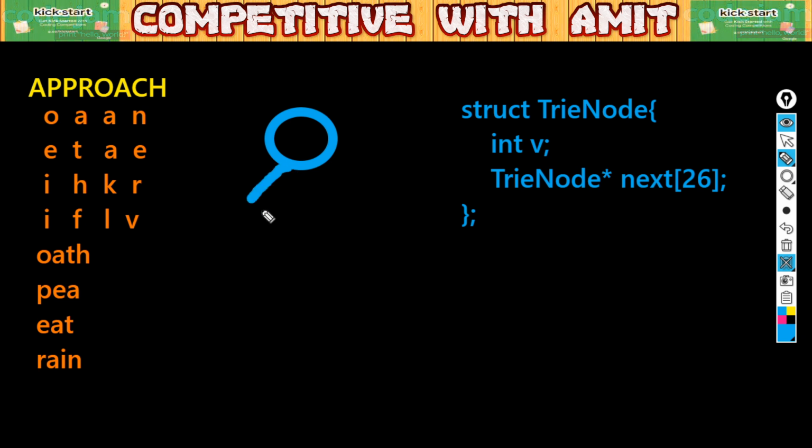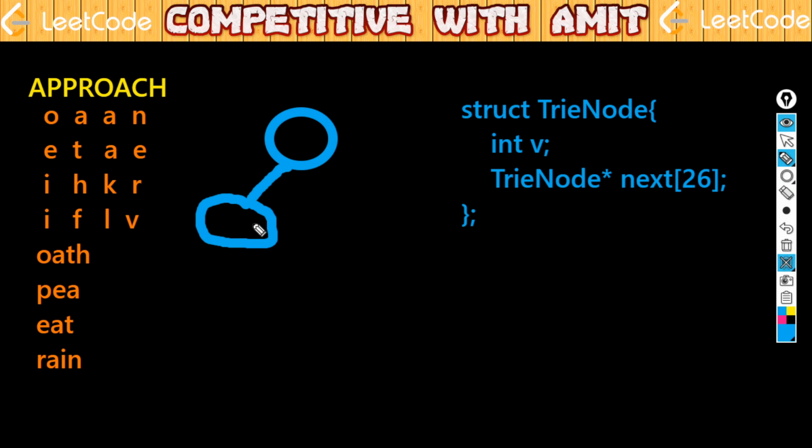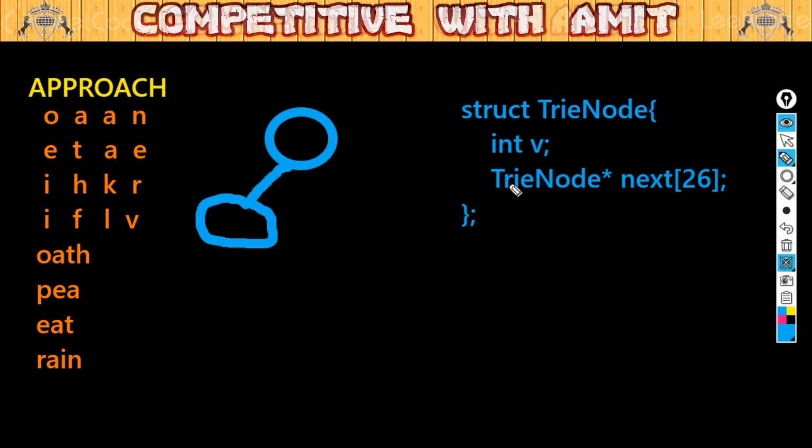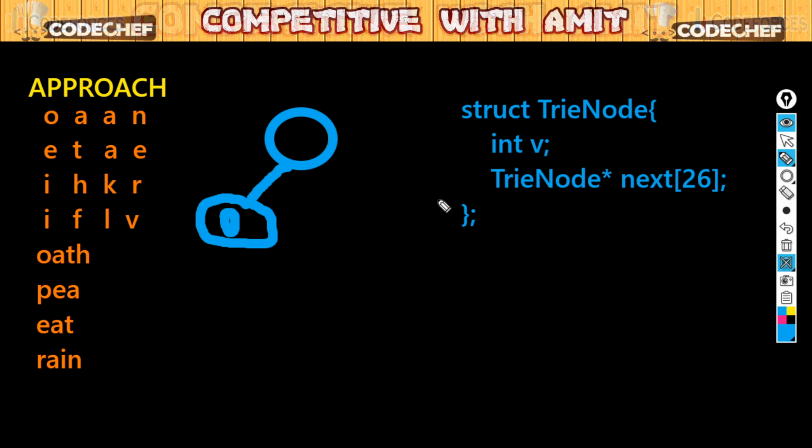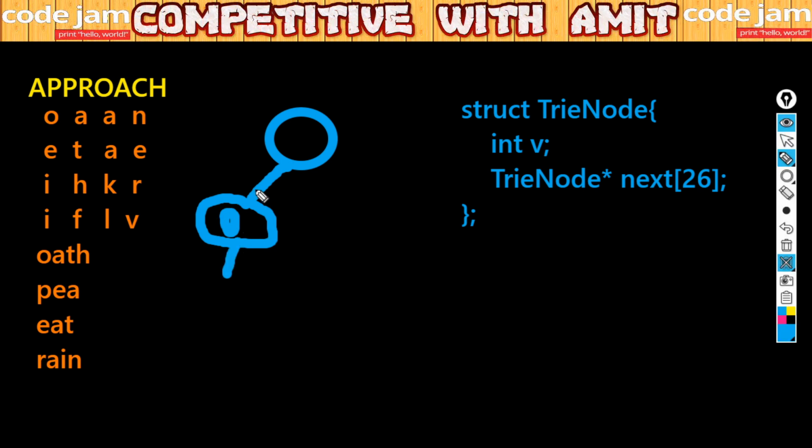Suppose O came, so for this O we will create one more node in the next, and we will store O here. So O will be stored here. After that, one more node will be created which will also point to 26 nodes.